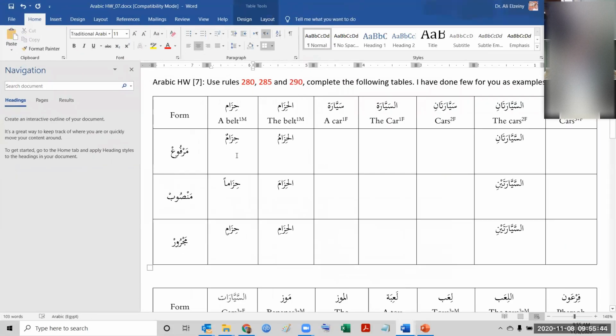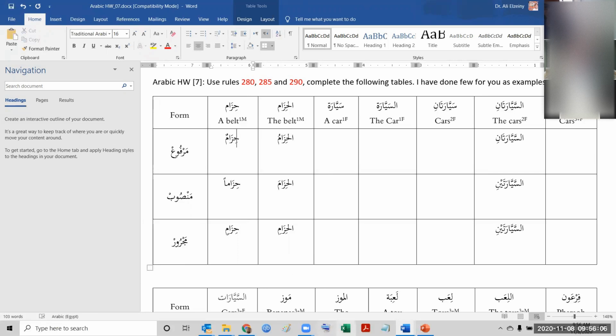So we want to decide what the haraka is here. How do we decide? It's a belt, which is a male word, and it is singular because it's one belt, and it's a noun, and it's male.